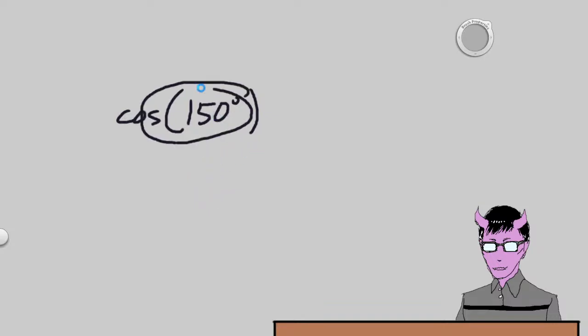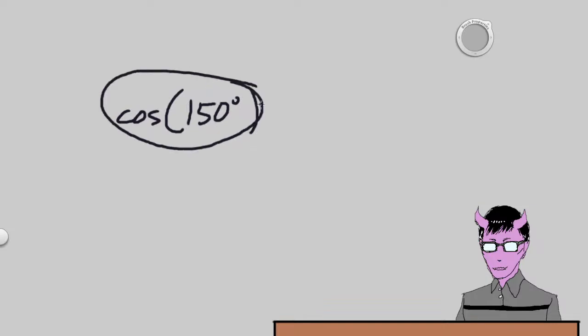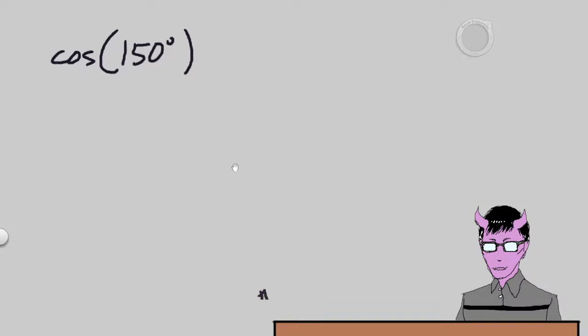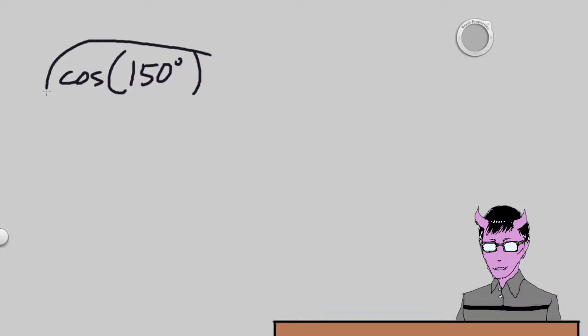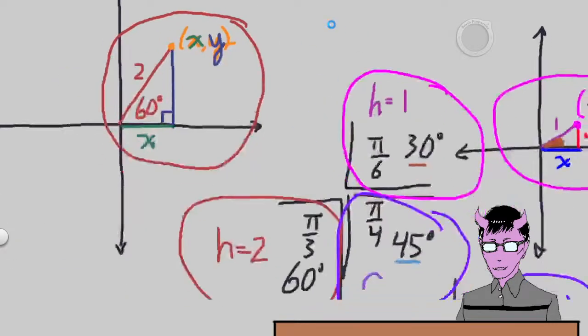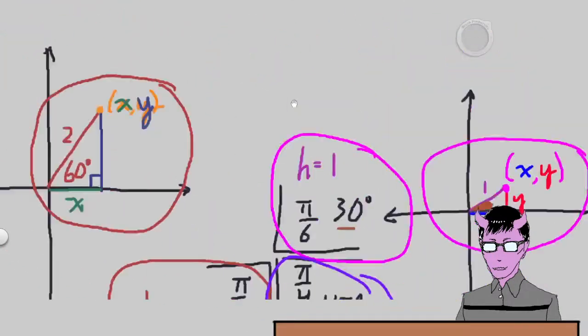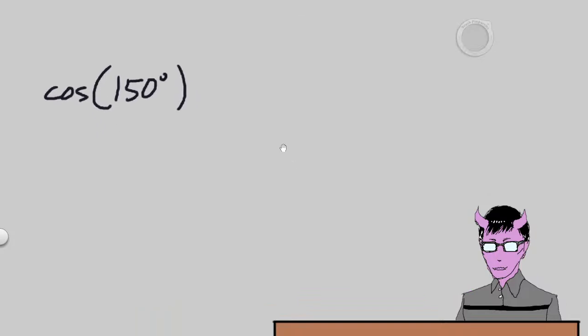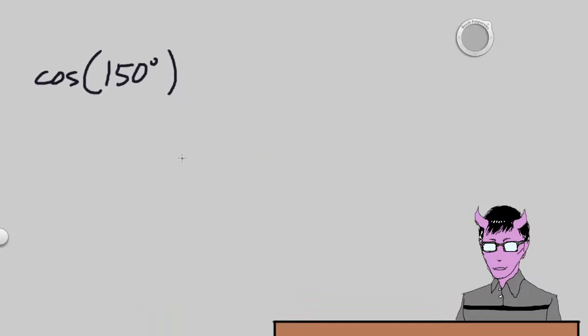Well, this one isn't very far removed from those particular values. It's hard to generate this triangle in our mind's eye, hence this whole system that we're going to follow right here. So 150 degrees. We're going to put the x-axis here, and then we're going to put the y-axis here.